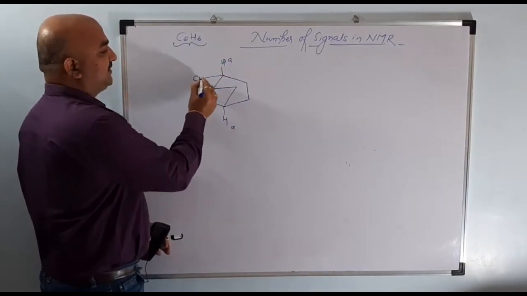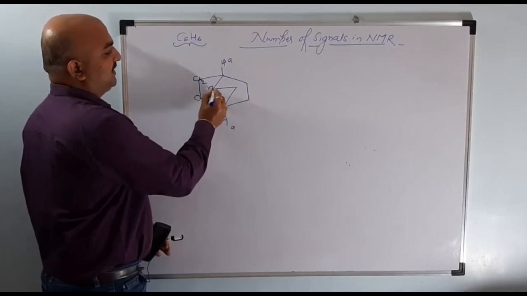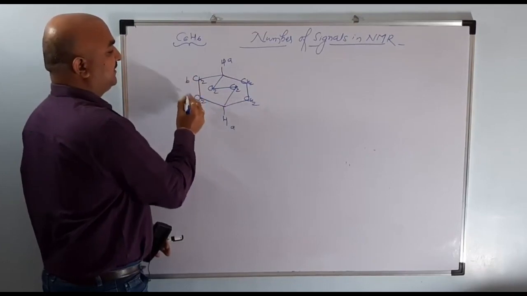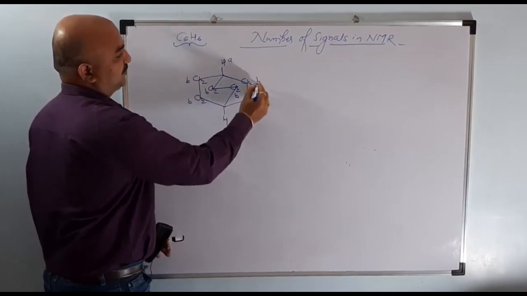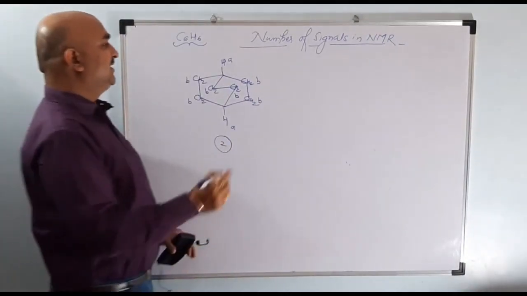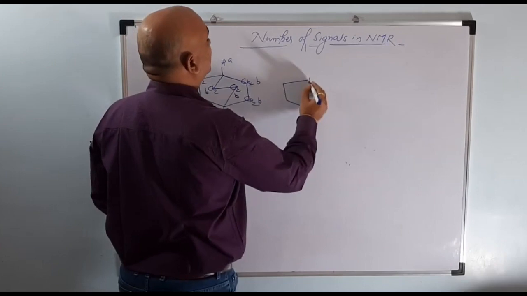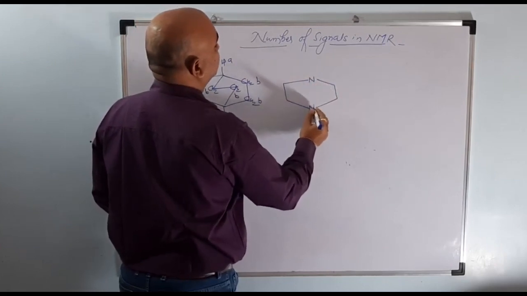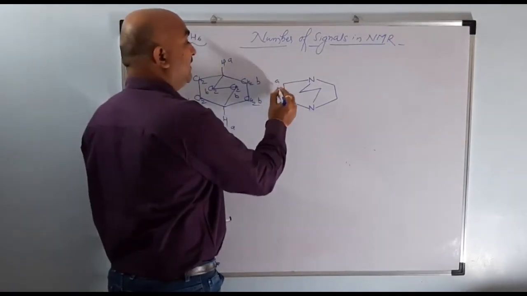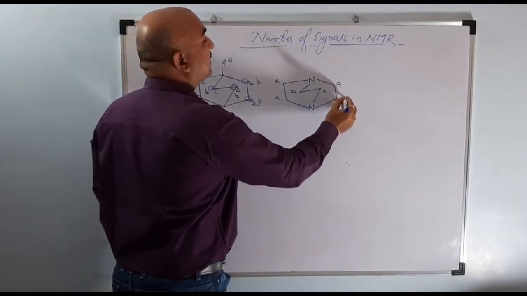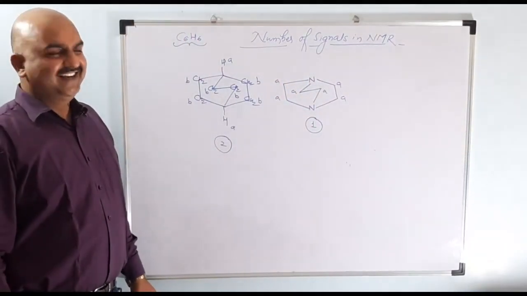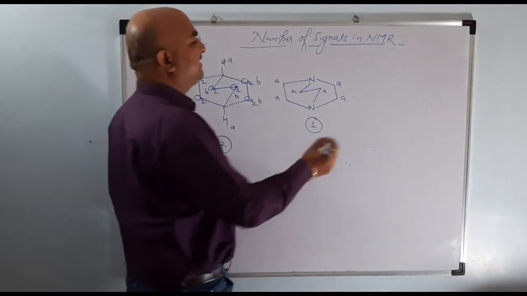And please see, these are all CH2s, they are equivalent, and as they are equivalent, this compound gives only 2 signals in NMR. The same example, I will write only in place of carbon I will substitute nitrogen, and this is a very famous example that it will give only 1 signal in NMR. Only 1 signal in NMR. Right? So this is the most important interesting example.